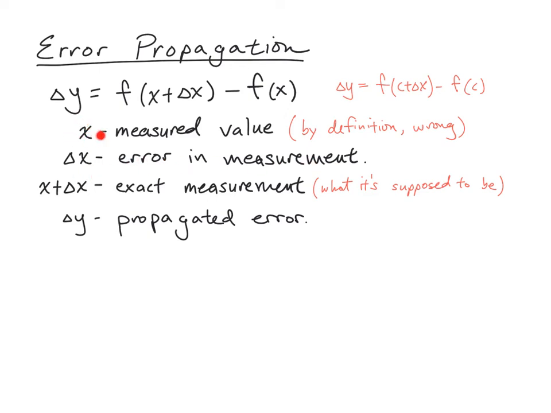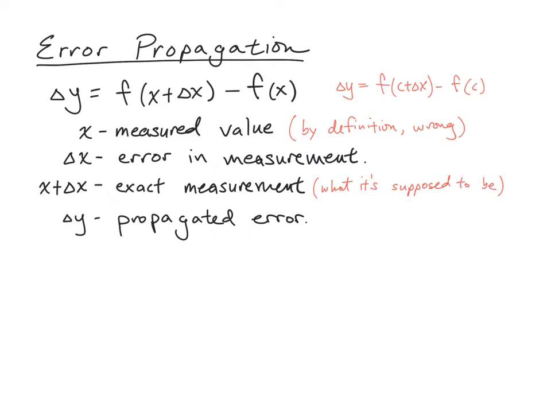If you add the measured value plus the error in measurement, you would get the exact measurement. So when we look at f of x plus delta x, this is what it's supposed to be, and this is what we measured it to be. When we find these values and substitute them into the actual function, we can find out what the propagated error is.